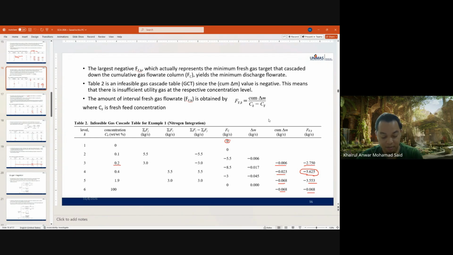Okay, so now we go for the GCA case study.